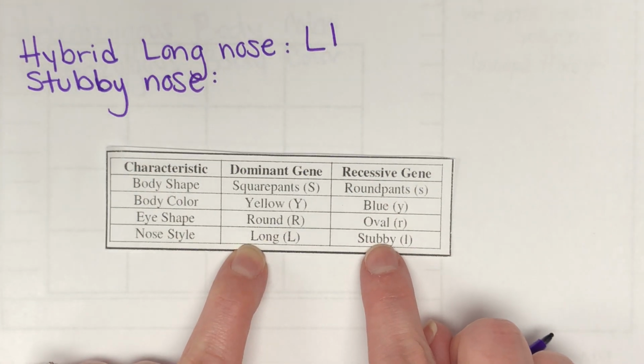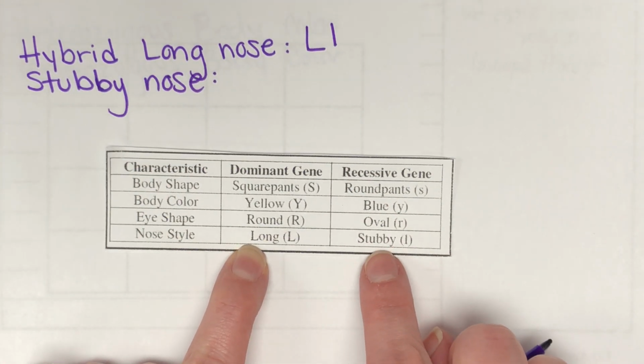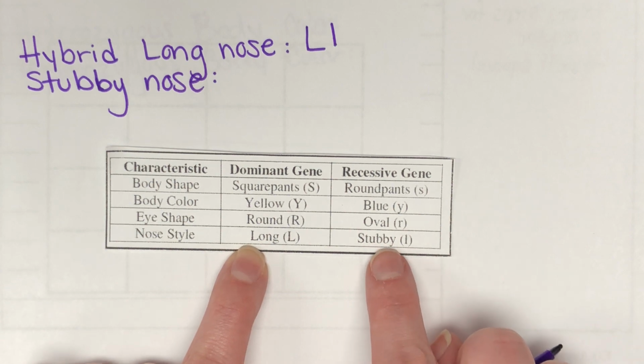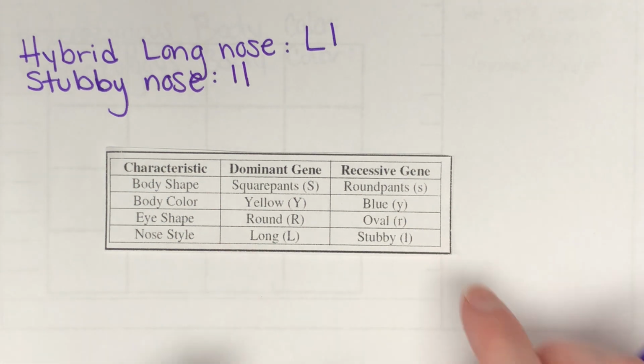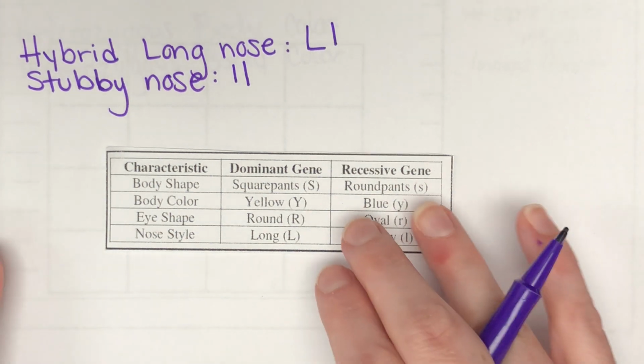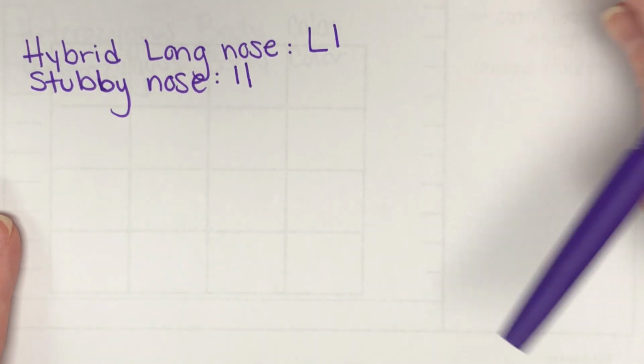Stubby nose, the only way to get a stubby nose is if we have 2 little l's. So notice, I didn't need any qualifiers like hybrid or dominant or recessive. I didn't need any of that. Just by it saying stubby nose, and I know that's the recessive gene, I know it has to be little l, little l. Okay, so step 1 done.